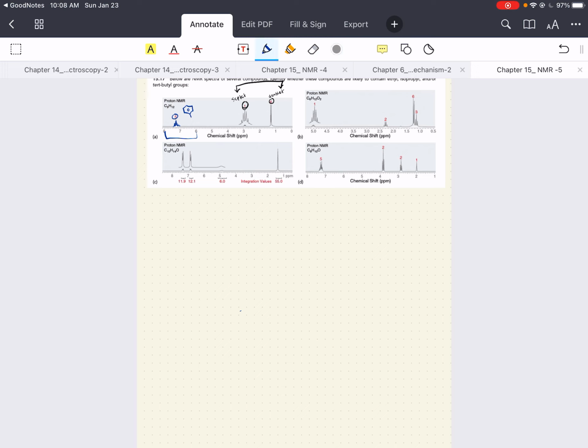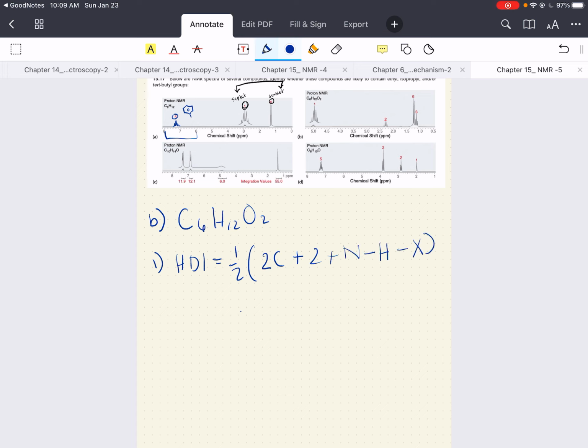Okay, let's do B. We have our molecular formula for B: C6H12O2. You know what the first step is? Hydrogen deficiency index. Let's see if we have any rings or pi bonds. It's 1/2 times (2 times carbon plus 2 plus the number of nitrogens minus hydrogens minus halogens).